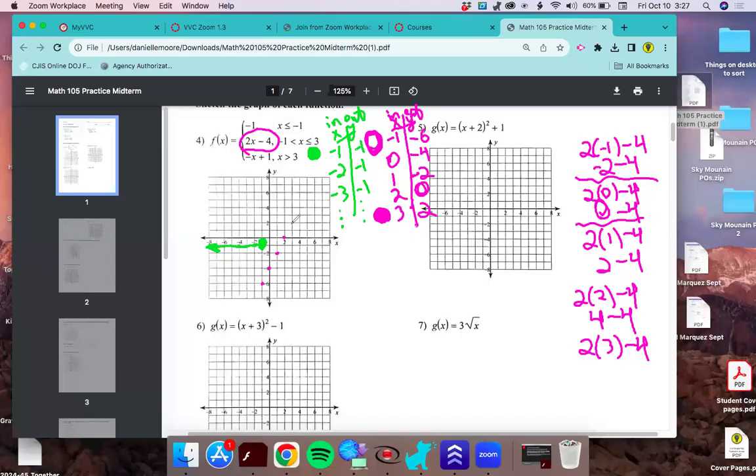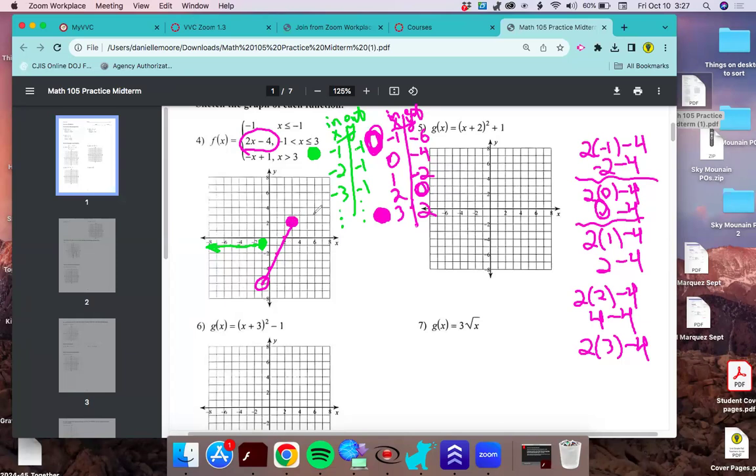And then 3 gives me a 2, and we got ourselves a good enough pattern set up. And then we just got to remember, when we plug in that -1 and we got that -6, that dot doesn't count. So we open circle that. But when we plug in the 3 and get out the 2, that one does count.